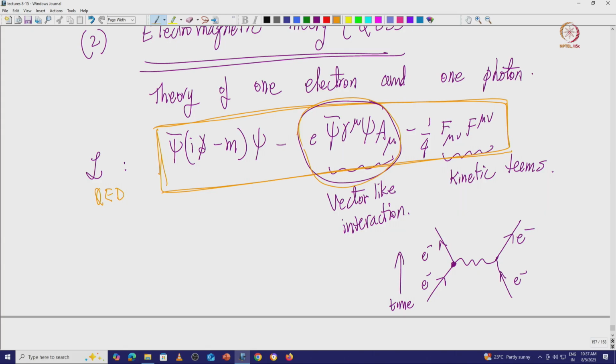This is a Lorentz invariant interaction because we are in relativistic field theories, so it has to be Lorentz invariant, and the only way the photon, which transforms like a vector under Lorentz transformation, can couple to an electron is through a vector-like current of the electron, which is only possible with psi bar gamma mu psi. Remember, psi's are not vectors, they are spinors.